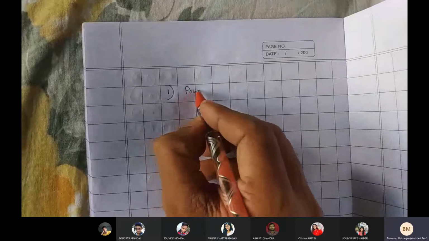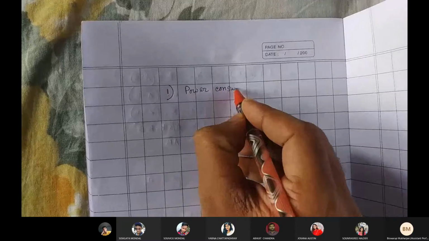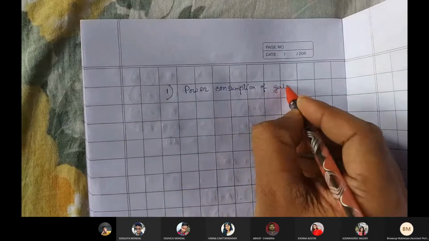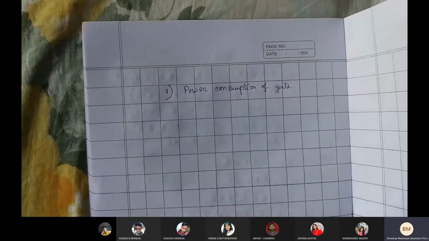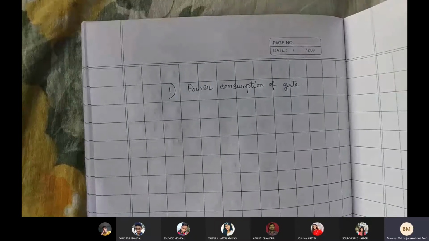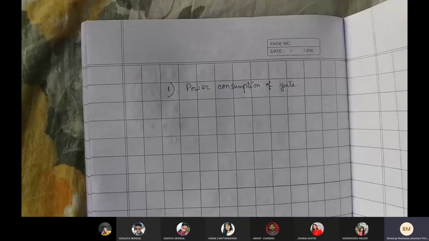First of all, as I mentioned, is the power consumption of the gate. That means how much power the gate is actually consuming. It is different for different types of gates.